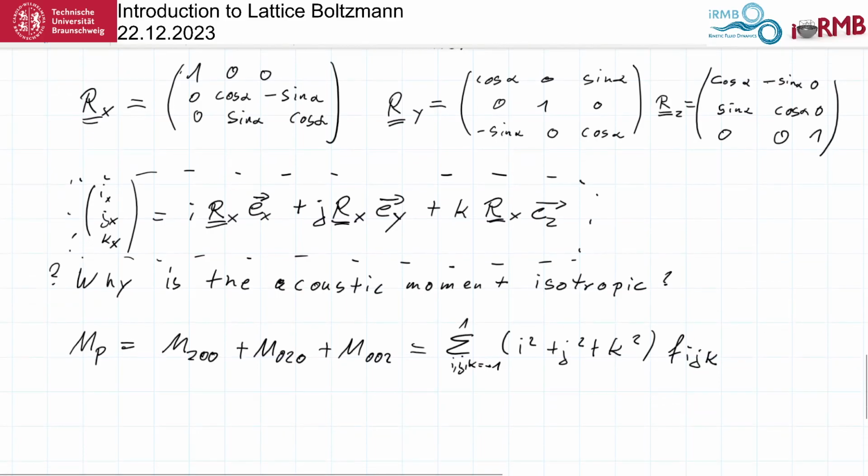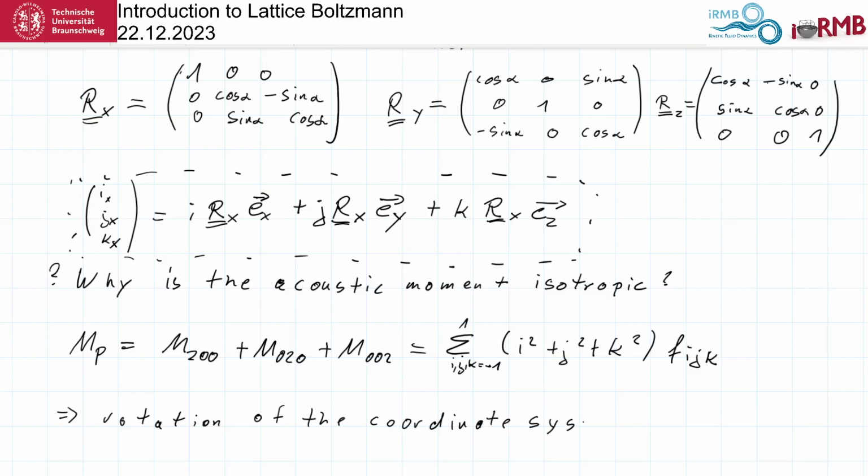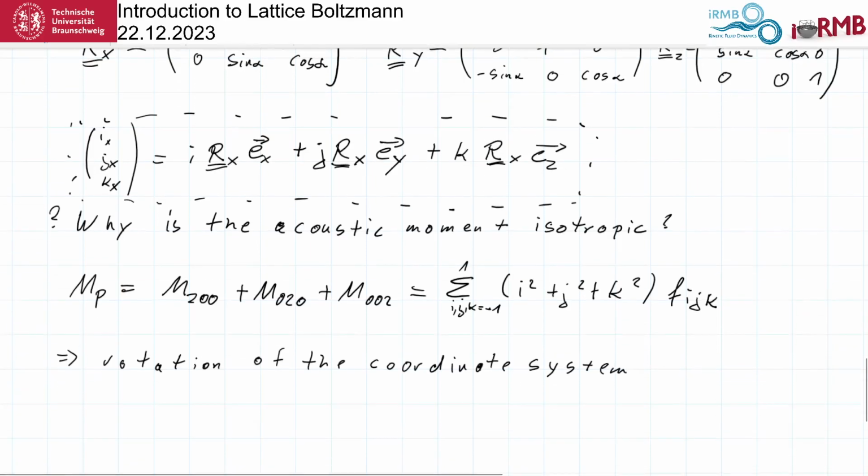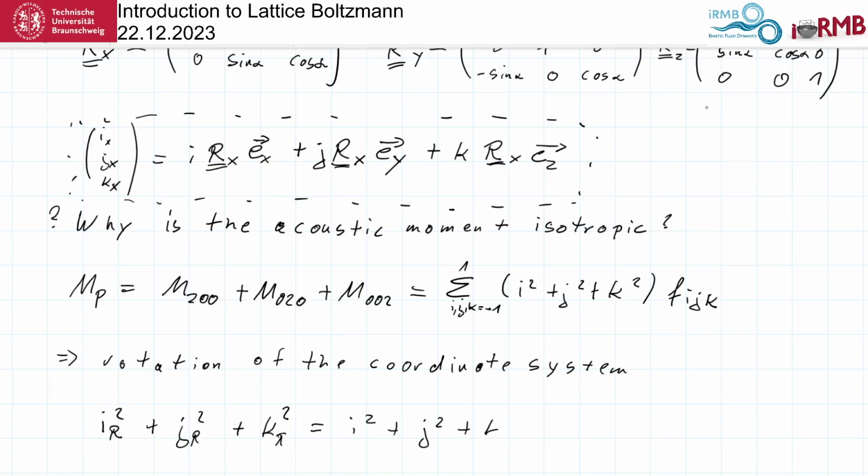If you put any rotation into this and do the lengthy math, what you would discover is that i rotated by anything squared plus j rotated by anything squared plus k rotated by anything squared is the same as before it was rotated.